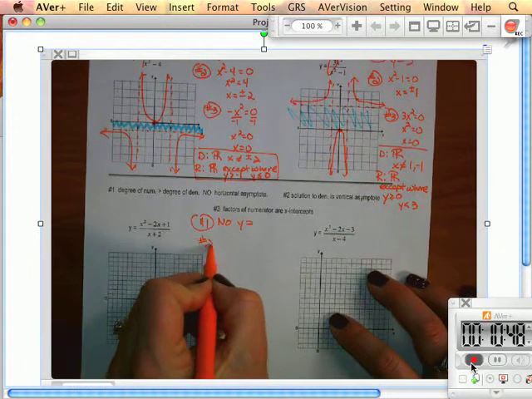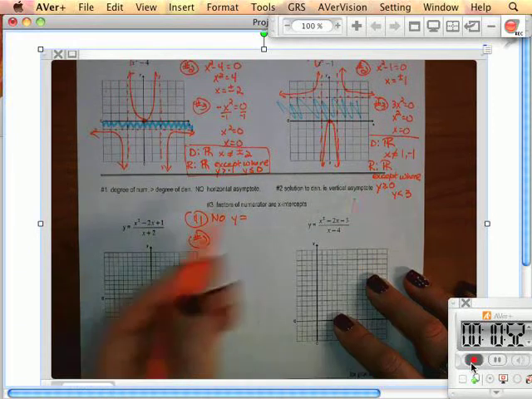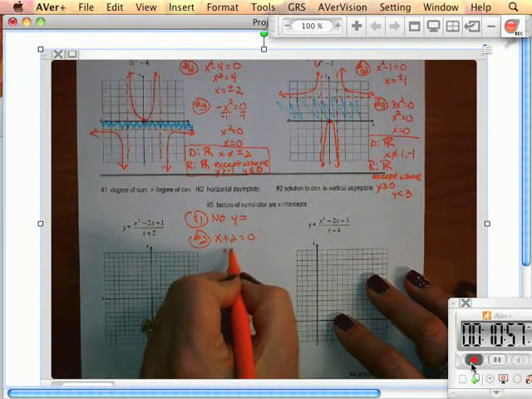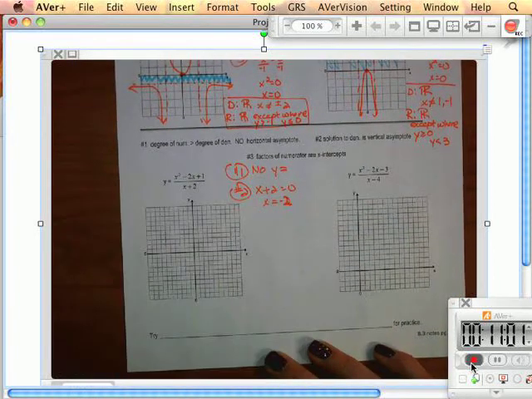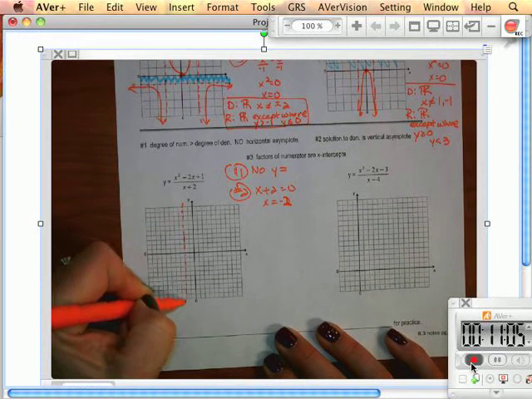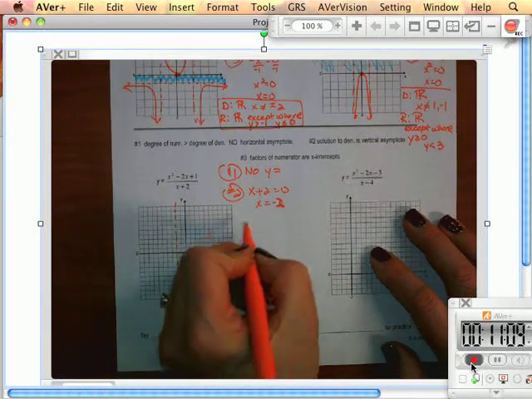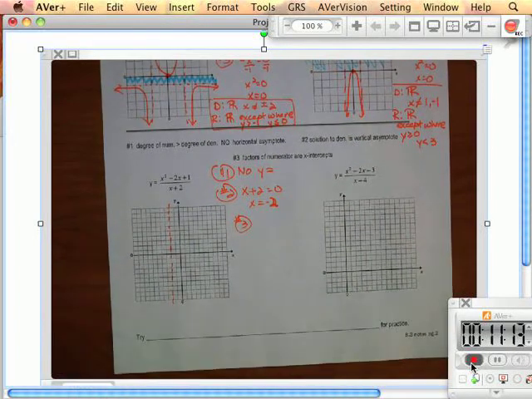Number 2, the solution to the denominator is the vertical asymptote. So let's find the solution to the denominator. X equals -2. These are really funky graphs. -2. And sketch that. There's only one vertical asymptote here. Number 3, the factors of the numerator. Oh, there's your fun word, factors.